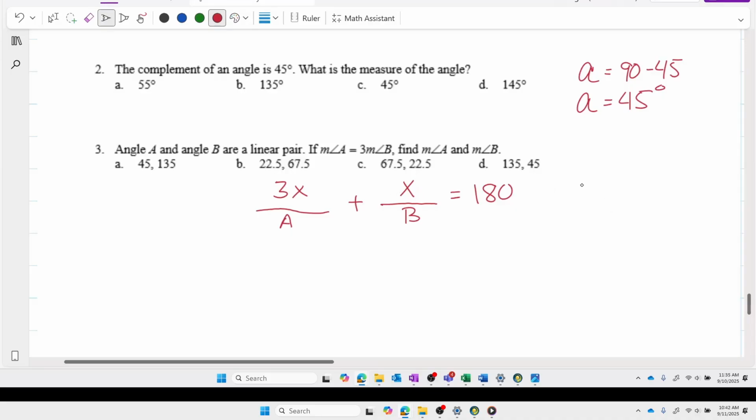So 3x plus x is 4x equals 180. Divide both sides by 4, and x is equal to 45 degrees.